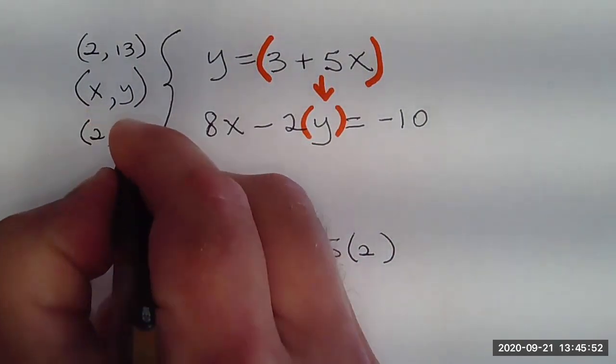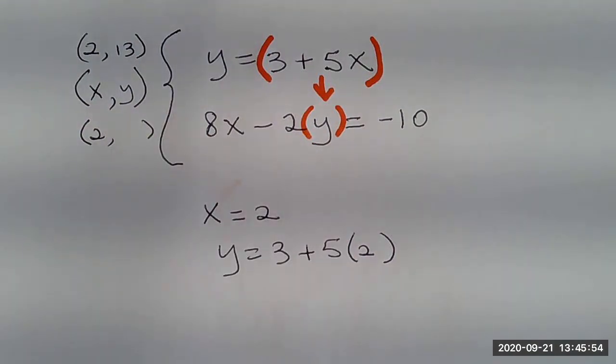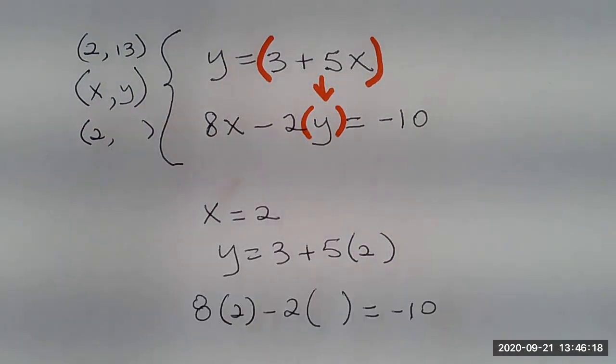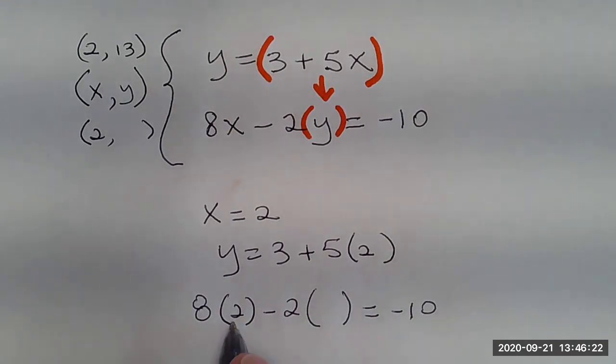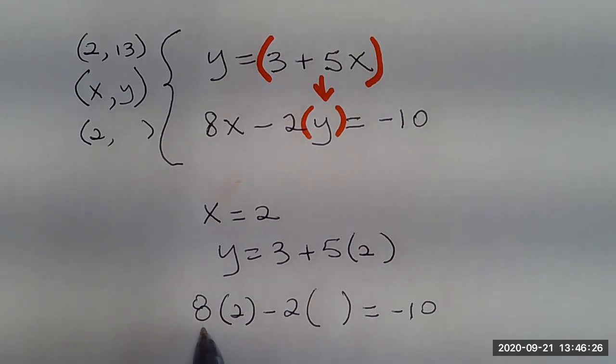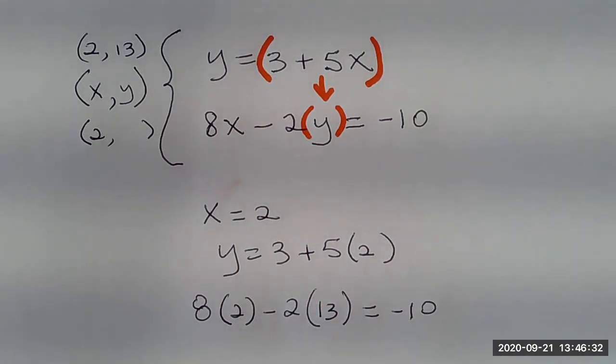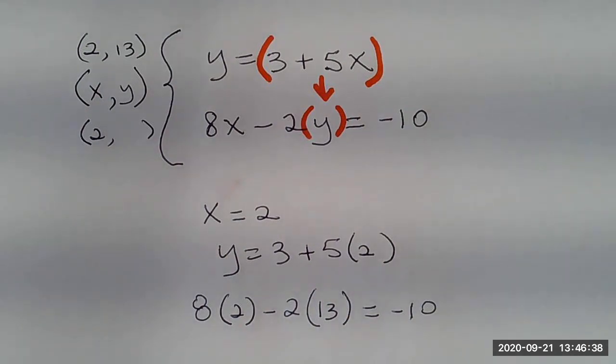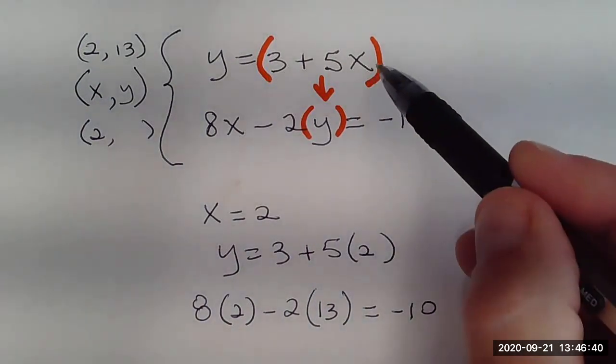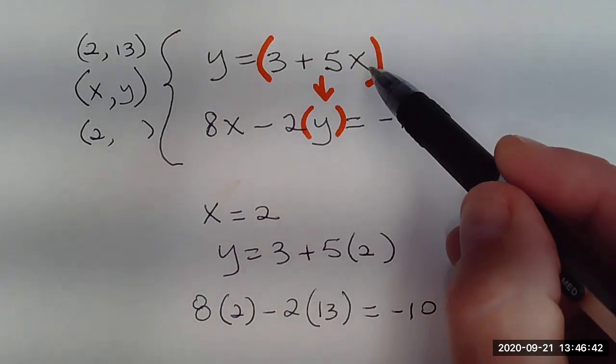Let's input 2 and find out if we get 13. Instead of just substituting 2 in for x, I want to test if 13 actually works with y when 2 works for x. It's going to be a faster way to check. I know that (2, 13) works for this first equation.